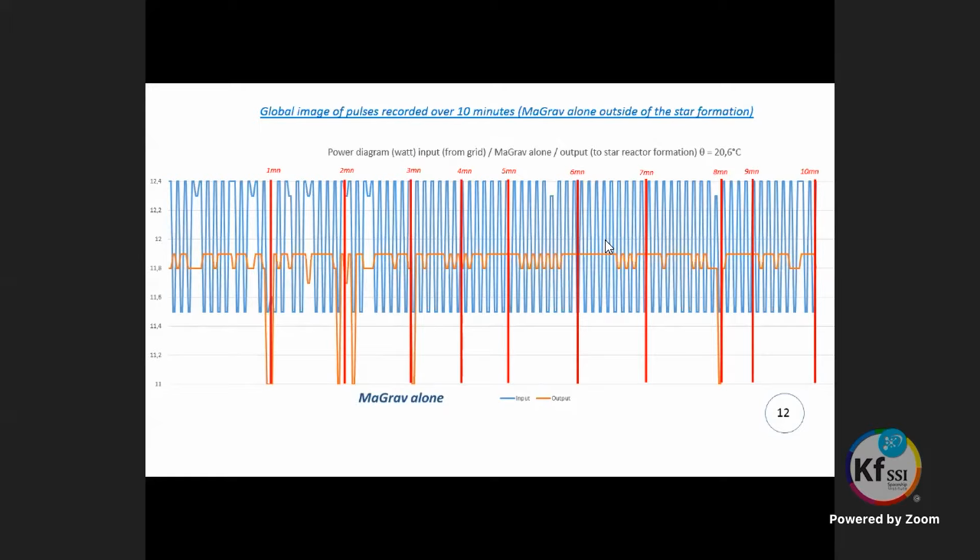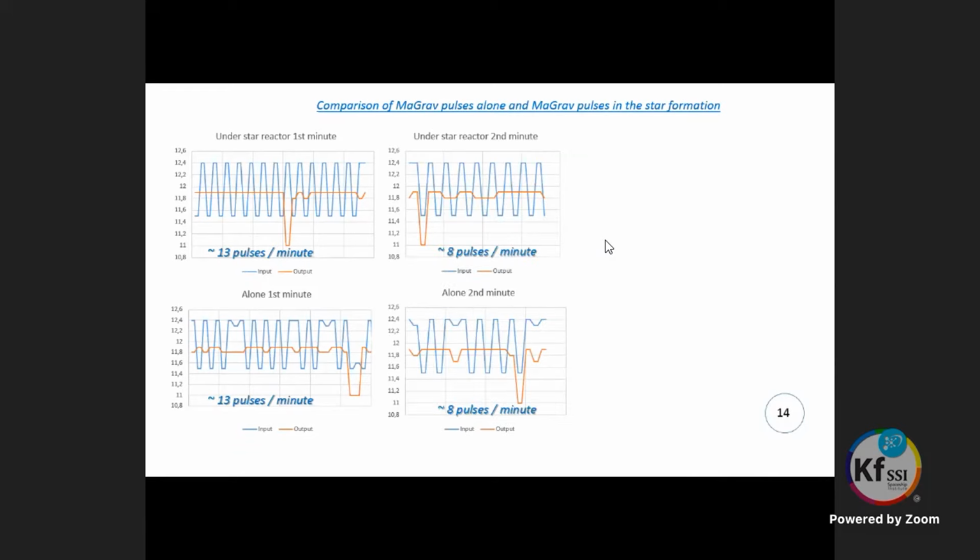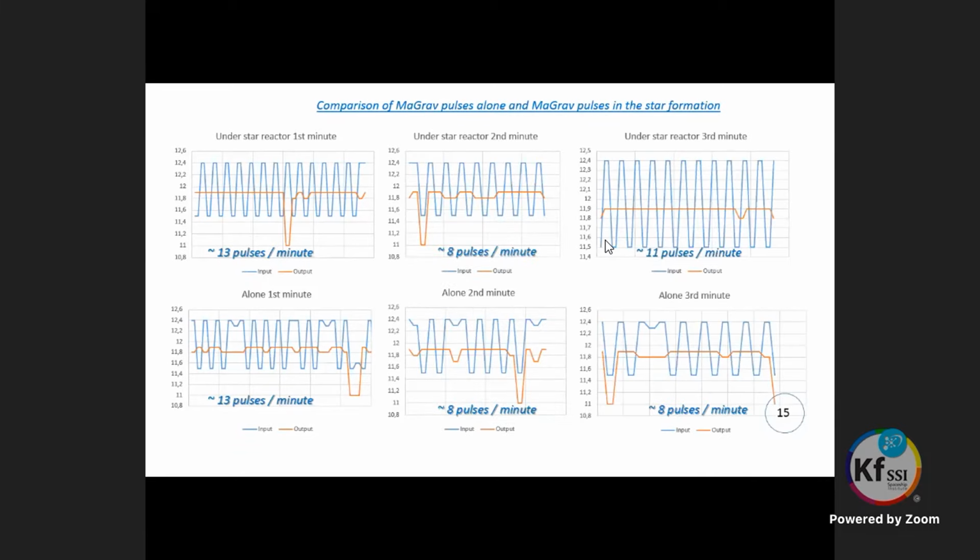But his has a pulse, and it has a different pulse when it's alone outside of the star formation compared to when it's inside of the star formation. And he's made graphs of this. You can see the way the pulses go, and when it's alone, it's a more erratic pulse. When it's in the star reactor, it's very consistent.